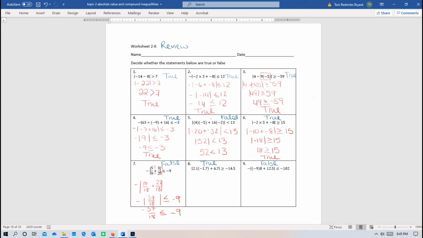All right, so in this one, I want to multiply these two together first, 2.1 and negative 1.7. And that is going to be a negative 3.57 plus 6.7.